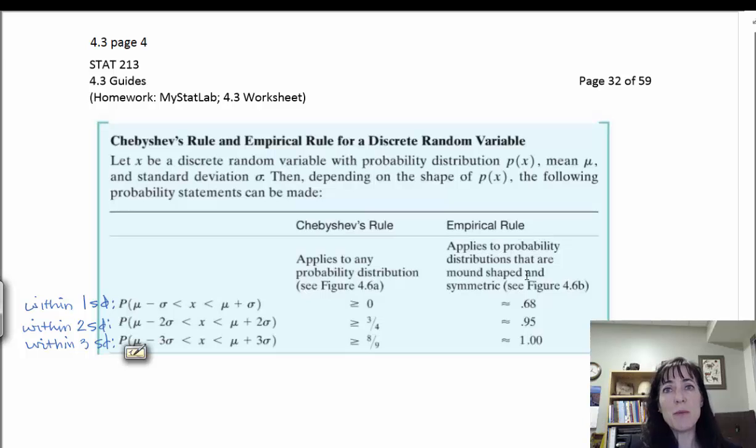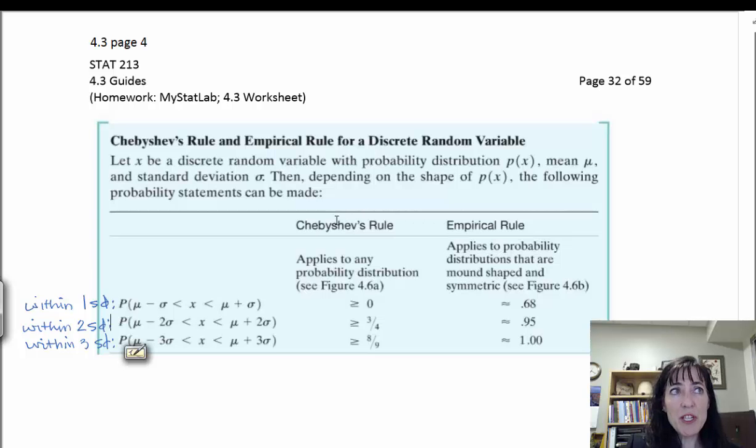meaning it has a mound-shaped distribution. For within 2 standard deviations, and you can see this is just mu minus 2 sigma is less than x, which is less than mu plus 2 sigma. Remember, those are the mean plus or minus 2 standard deviations, so that's why I said within 2 standard deviations. Remember, you have 3/4 of your data there if you're talking about Chebyshev's rule, and 95% of your data there if you're talking about the empirical rule.